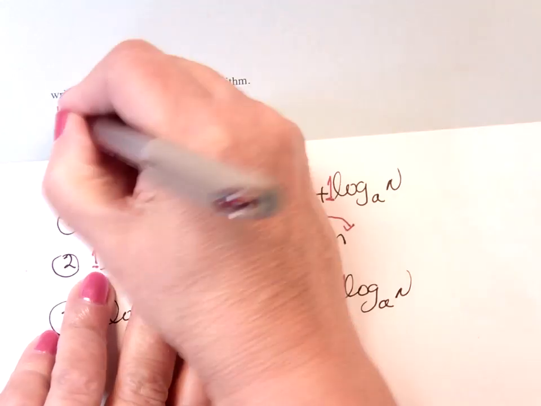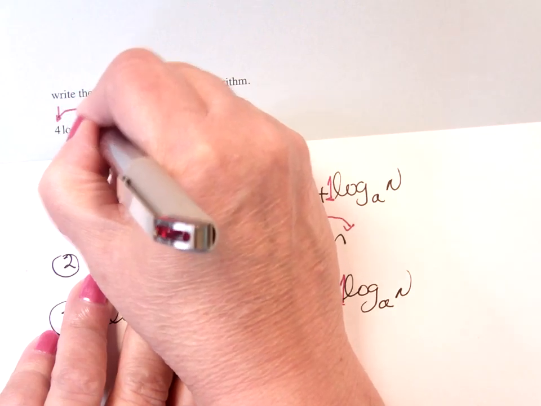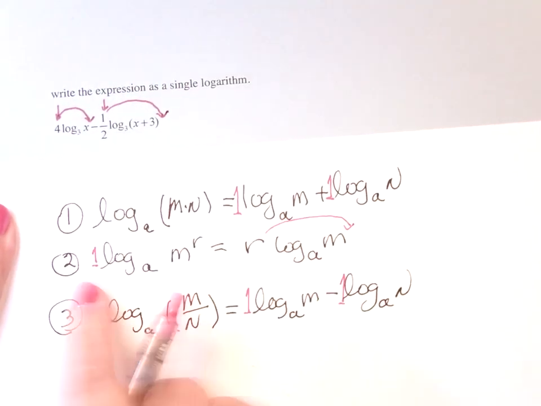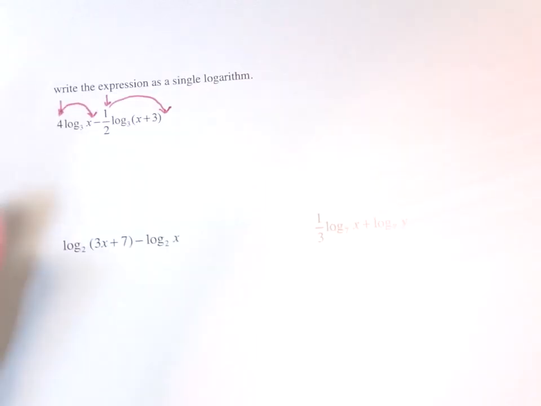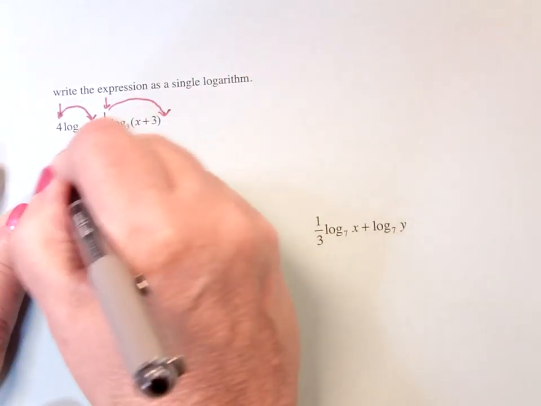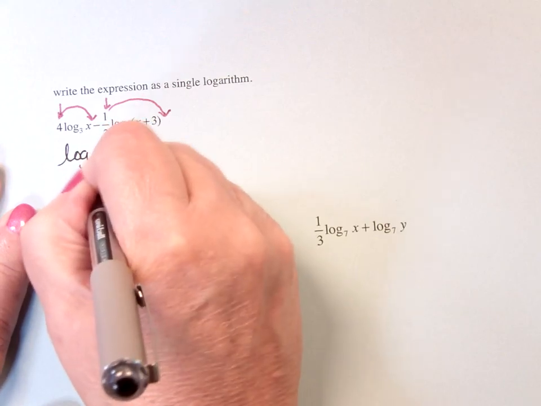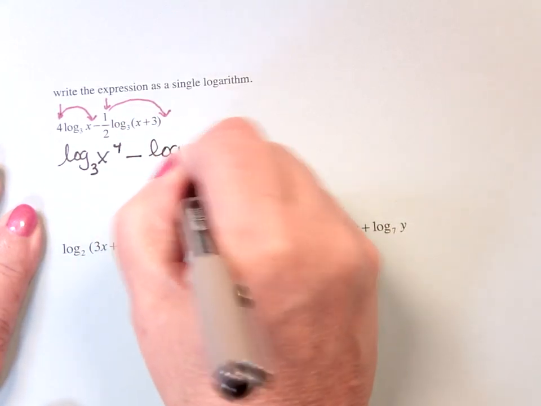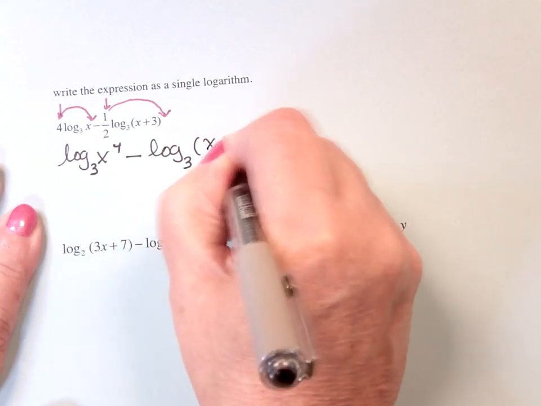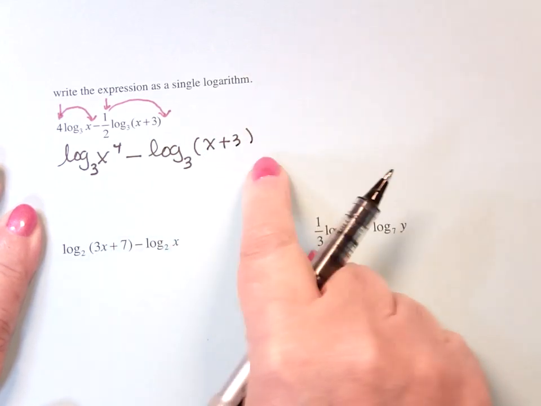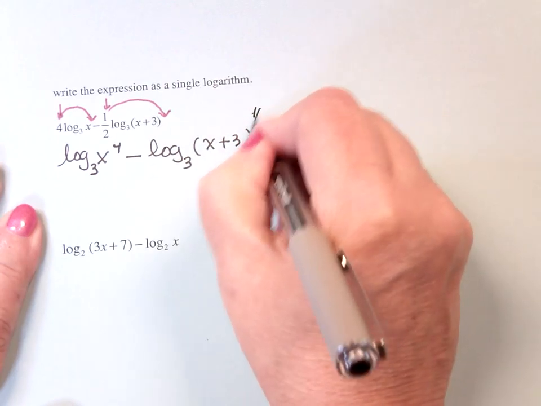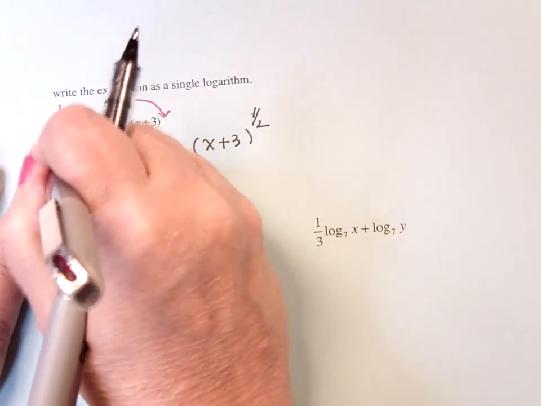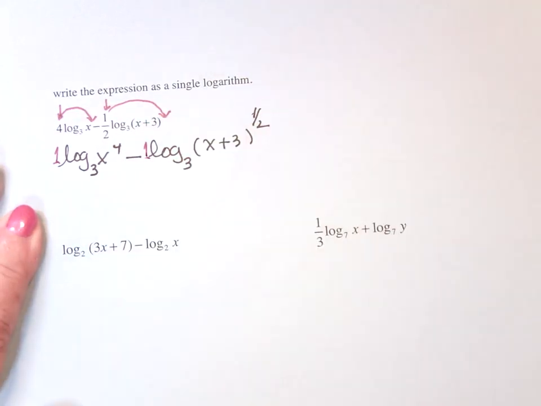What I'm going to have to do is use the second property, this property, to bring the exponents back up. So this becomes log base 3 of x to the 4th subtract log base 3 of x plus 3, that's the whole argument, to the 1/2 power. Now you notice the coefficients of the logarithm are 1.